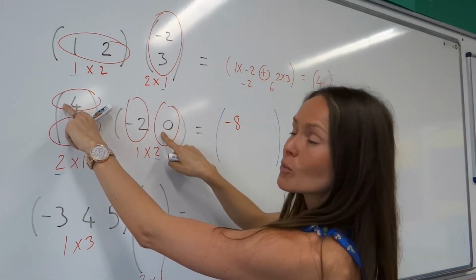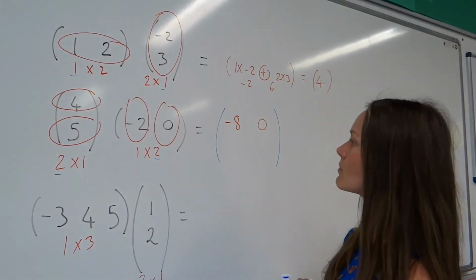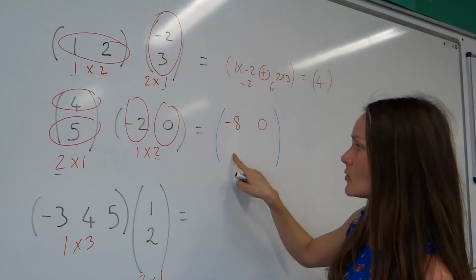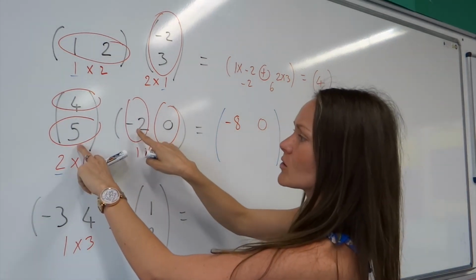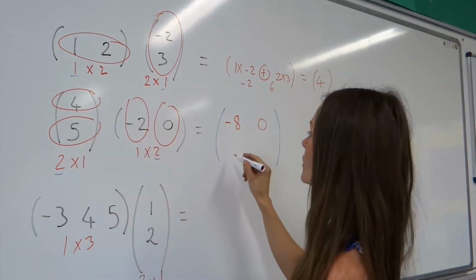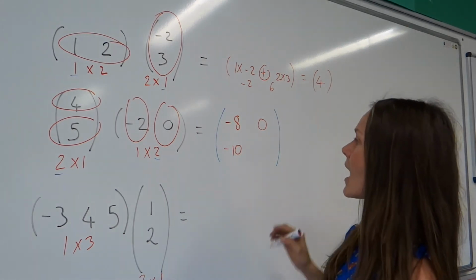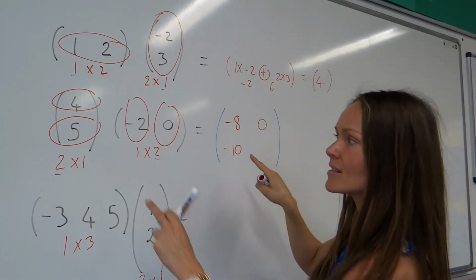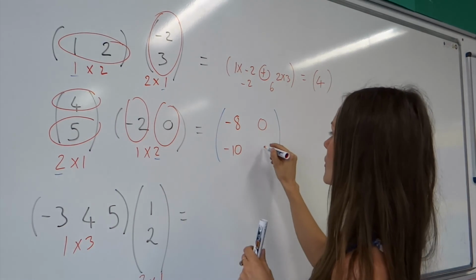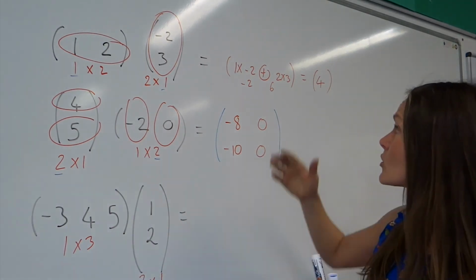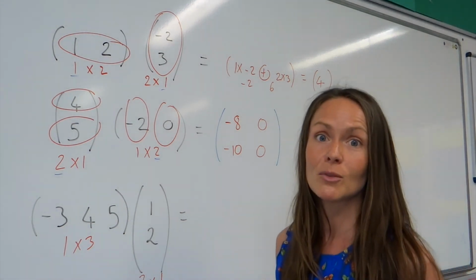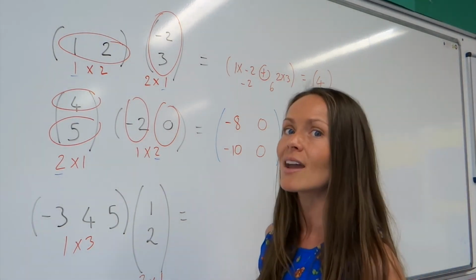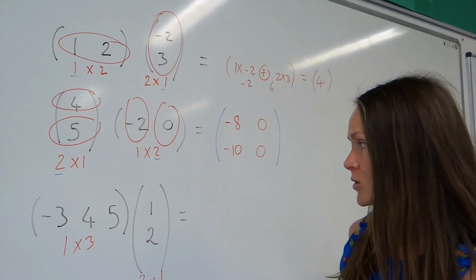So 4 multiplied by 0 is just 0. So for the bottom left, we use the bottom and the left, and we multiply these two together. So 5 multiplied by minus 2, which is minus 10. And the last one, you can probably guess, it's going to be 5 times 0, which is 0. Okay, so those ones are actually very quick and easy compared to when we multiplied the 2 by 2 matrices together.